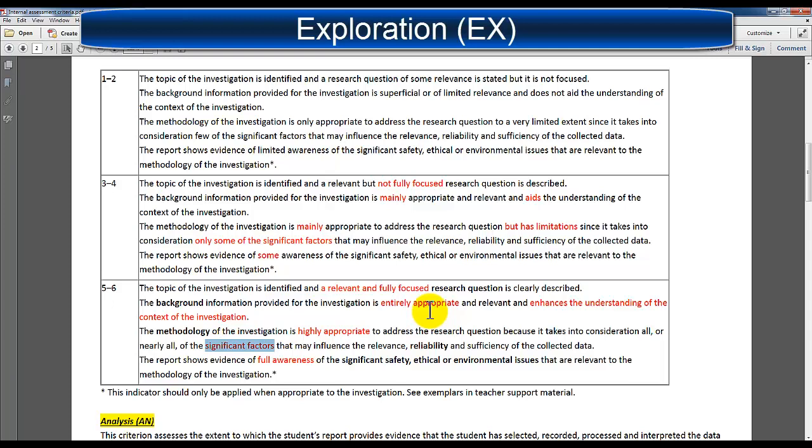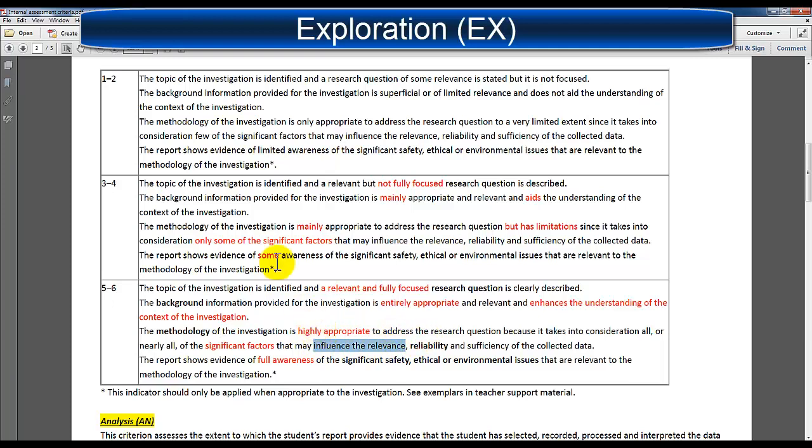So for the other three, number 3, 4, 5, did you keep them as control variables? That is to say, keeping them constant throughout the whole experiment. And that will, of course, affect the reliability of your methodology.